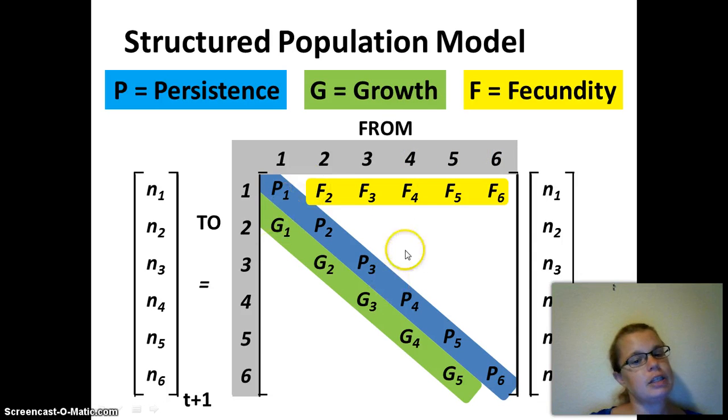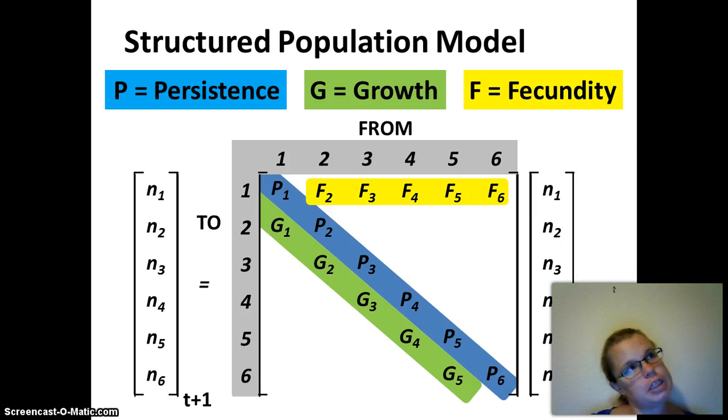So basically each of these is the contribution of the stage, that's the column, to another stage, that's the row. Either probability or the number of individuals reproduced.